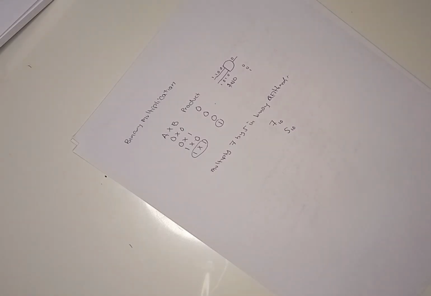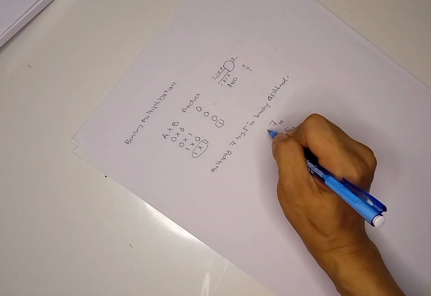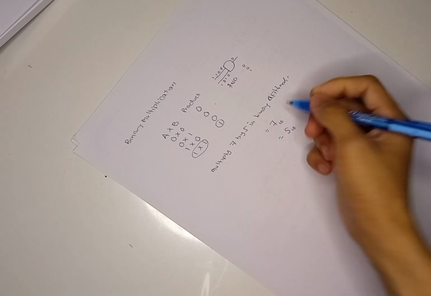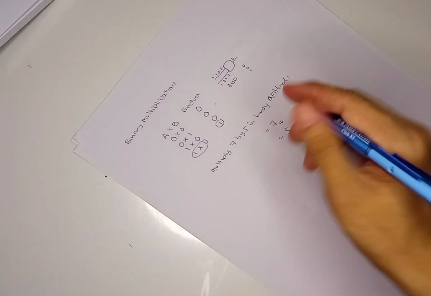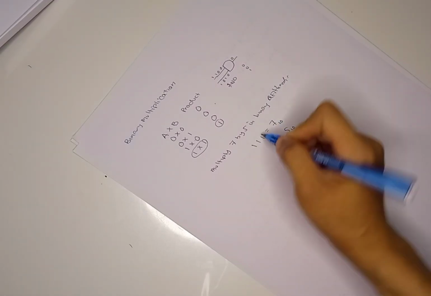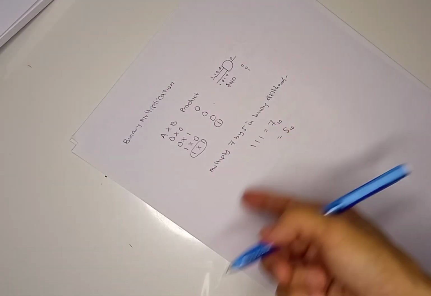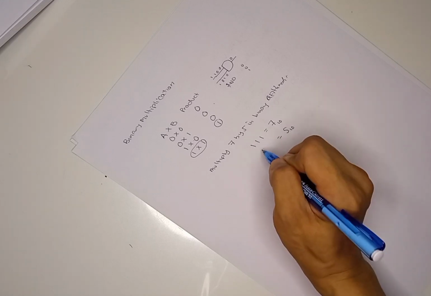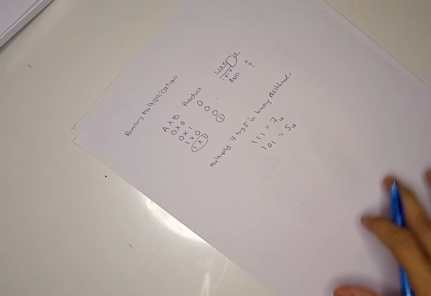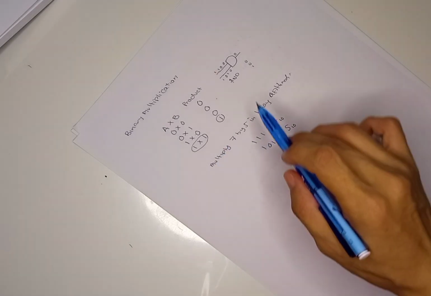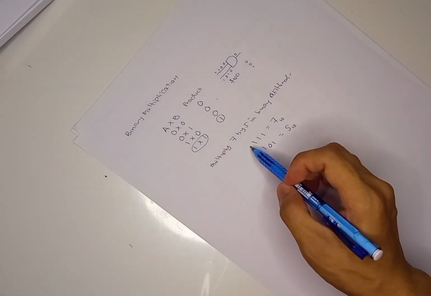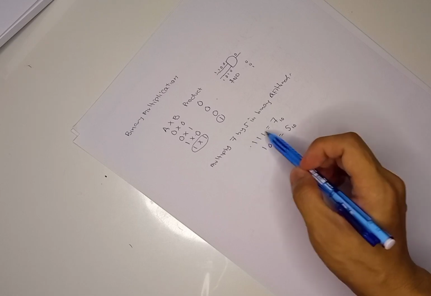So you need to convert first to the binary equivalent number. What is 7 base 10? It is 1 1 1. What is 5 base 10 in binary? It is 1 0 1. Let's say the question is asking to multiply 7 by 5 in 4-bit binary. Then you need to add 0 here, 0 here, so that it becomes 4-bit, right?